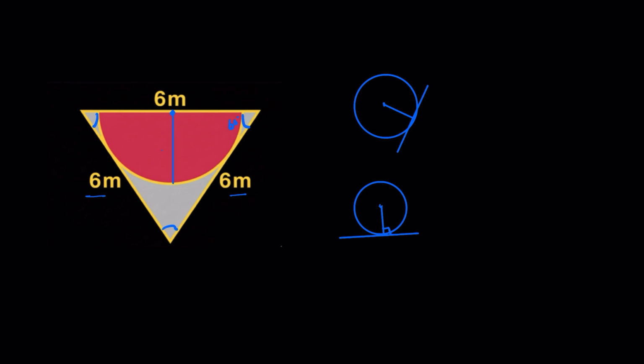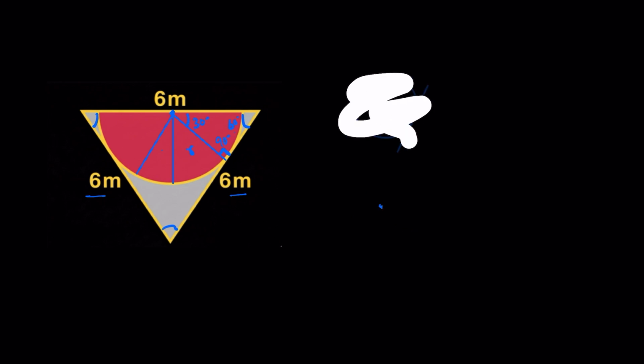The lines from the center to the arc are all radii. If we join the point of tangency to the center of the circle, this will be perpendicular and this will be the radius. Now if this is a 90 degree angle, and this is 60, then this angle will be 30 degrees. Now we have a triangle.